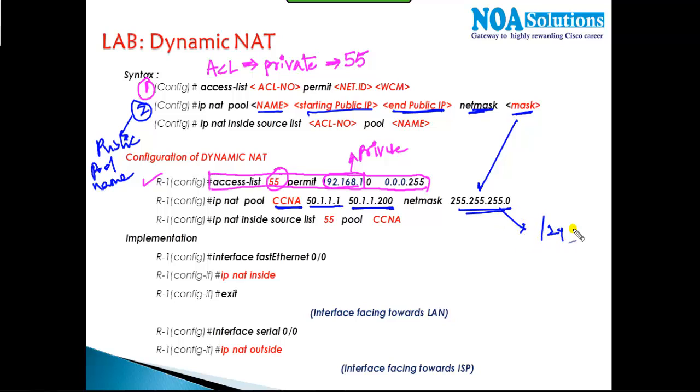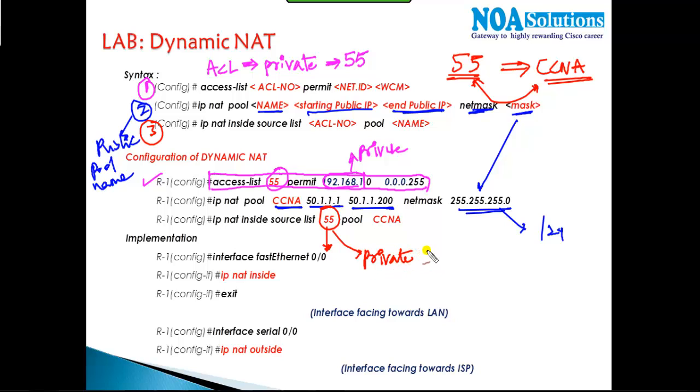Based on these 2 statements, there is an ACL 55 which identifies all your private networks, and there is a pool called CCNA which defines all the public IP addresses. Now in the last statement, we need to map this private IP to the public IP, and that is what we do in the third statement. We say ip nat inside source list, write the ACL number, and say that whatever private addresses are defined in ACL 55 should get translated with the public IP addresses defined in the pool called CCNA.